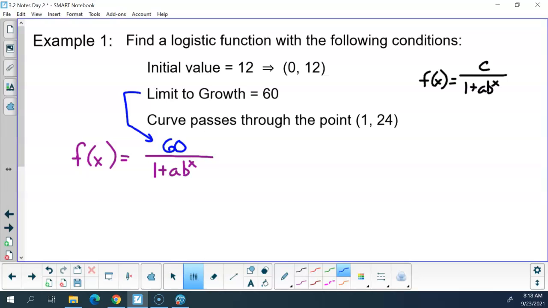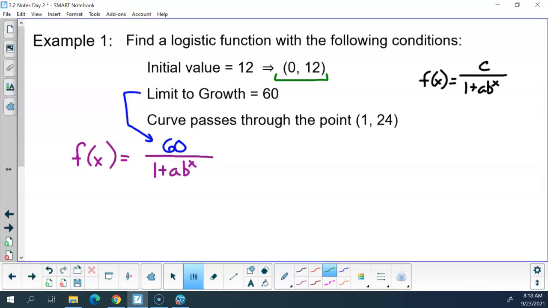Do we agree that 12 is A? Yes? 100% agree 12 is A? I don't. I'm looking more at this part right there. That's a point that it goes through, right?